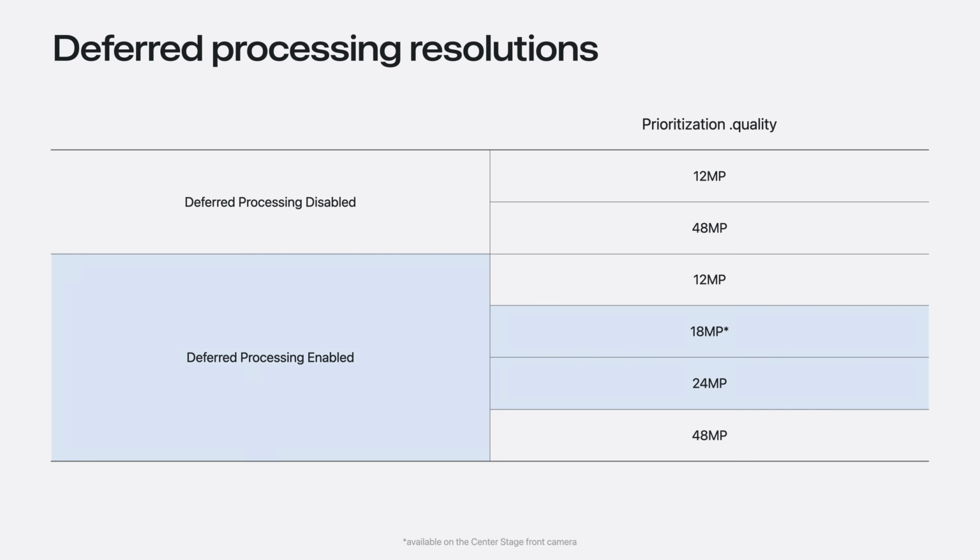Deferred processing lets the system take longer to finish processing a photo without blocking the next capture. And because that work happens in the background, it doesn't share memory with the capture session. That's what makes multi-frame fusion captures possible, like 18 and 24 megapixel.